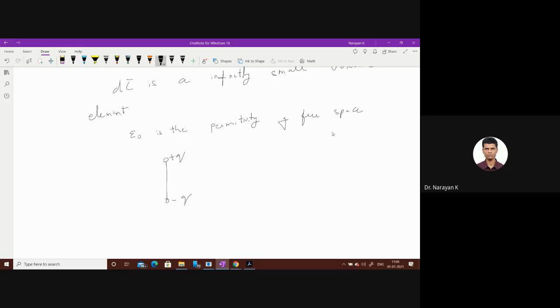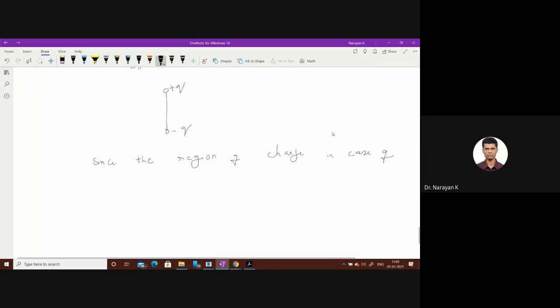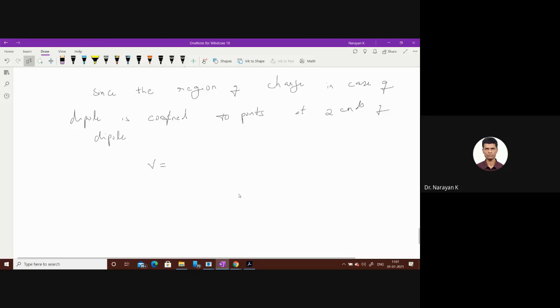So since it is a dipole, write down: since the region of charge in case of dipole is confined to points at two ends of dipole, scalar magnetic potential reduces to 1 upon 4 pi epsilon.